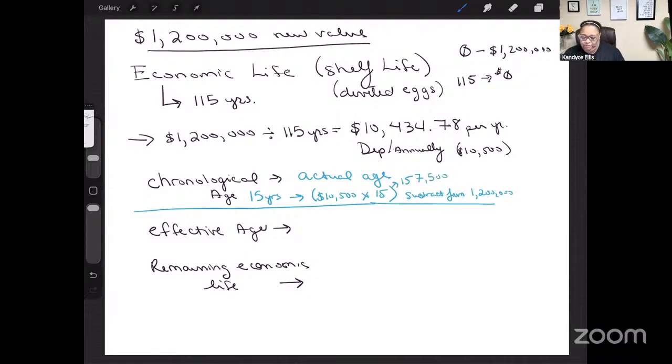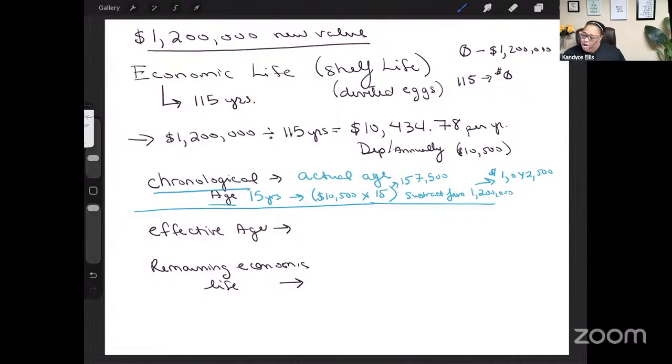If I take 157,500 from 1,200,000, I get a new value of $1,042,500. Now, again, this is not supposed to be about the math, so it's messy, but that would be our chronological age. It's based off of the actual age.